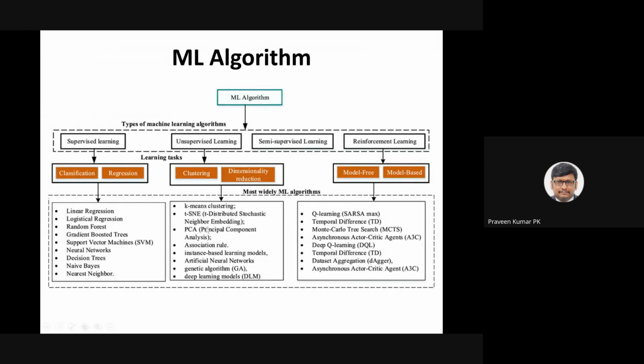Of course, similarly, similar principle, similar application: association rule, instance-based learning models, ANN, genetic algorithm. You remember the genetic algorithm we also used in AutoDock for docking purpose. If you use the AutoDock tool, we are using a genetic algorithm, especially the Lamarckian genetic algorithm.